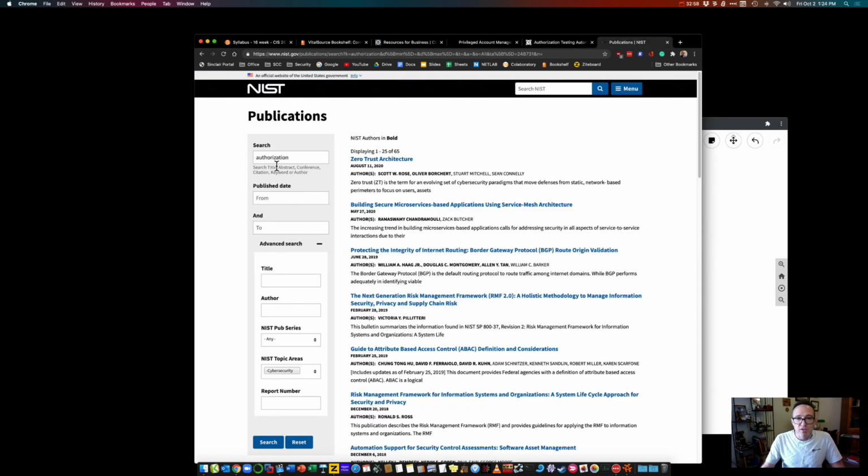Search for authorization under NIST. Here we have something called Zero Trust Architecture. This is one of the hot new things. The idea is internally, I don't trust anybody. My file server does not trust anybody. The idea being you always assume someone's already breached the network.